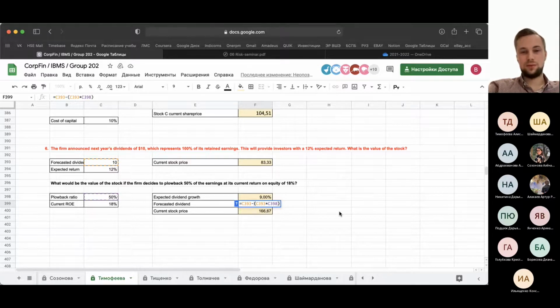Yeah, so what will happen with the money, with the other 5? So we have 5 in dividends. What will happen with another 5? We had 10 in the beginning. Now we have 5. Where did the other 5 rubles go?